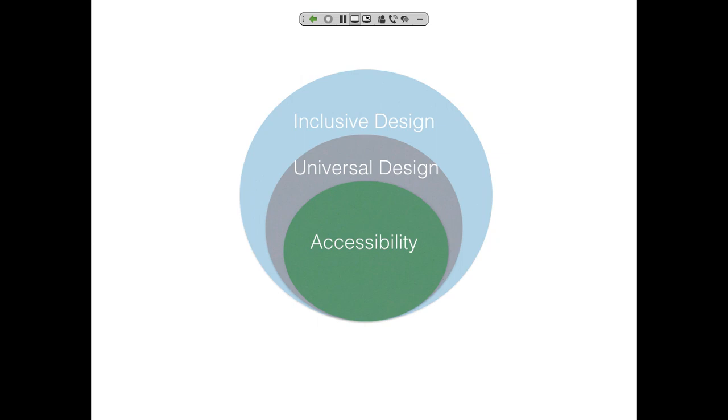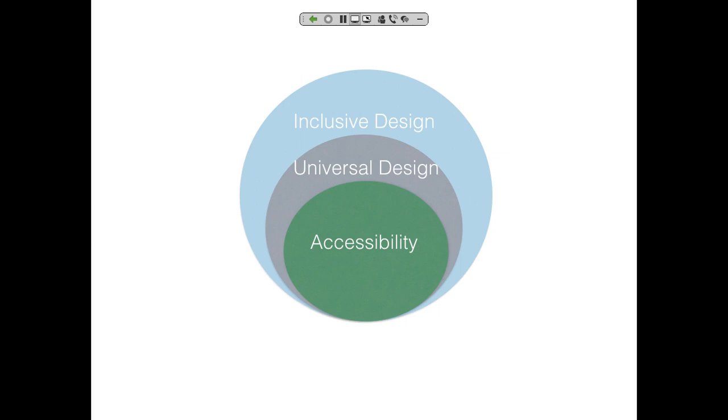So you'll notice that a lot of the features that we use on our mobile devices today, originally they started out as features that were designed for people with disabilities. For instance, when you use Siri or a personal assistant and you get that voice feedback, originally that was designed as a screen reader for people who are blind. So accessibility has to be basically a foundation, if you will.